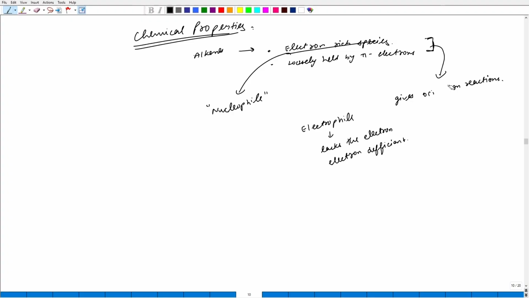These are electron rich species, and that is why they tend towards giving addition reactions mainly, whereas in alkanes we have discussed substitution reactions. Alkanes also give substitution reactions, but under severe conditions. Mostly we will discuss the addition reactions of the alkenes, that we will discuss in the later class.